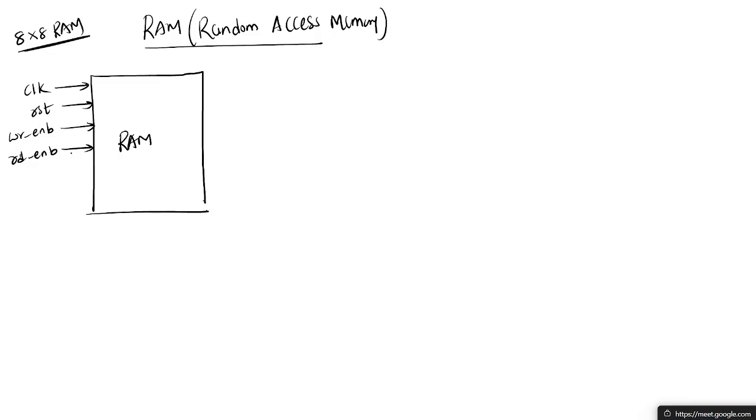And next you have data in, data underscore in. And you have write address. This is input only, here I am writing write address, and next you have read address. And next output is data underscore out.